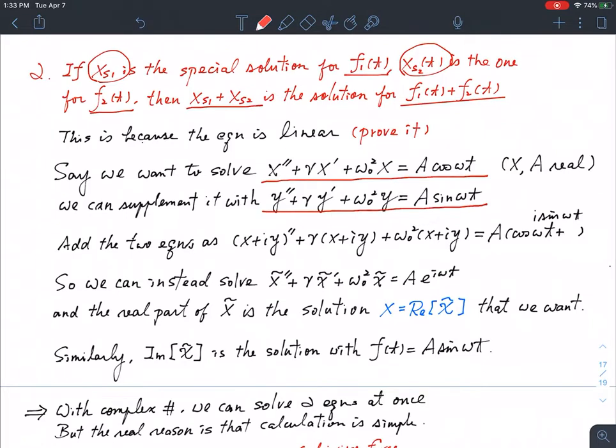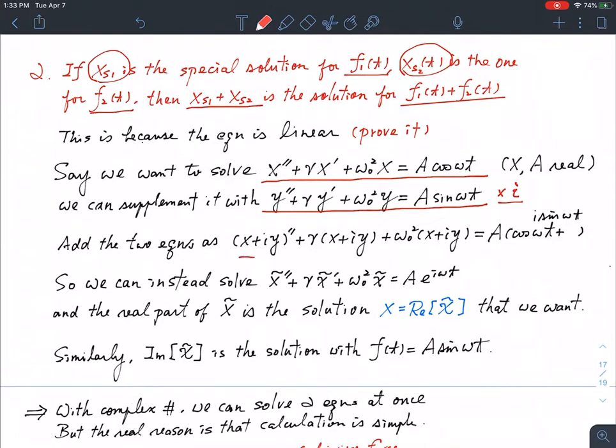Now, because the equation is linear, we can add them together. But instead of just directly adding them together, we multiply the second equation by i, and then add them together.